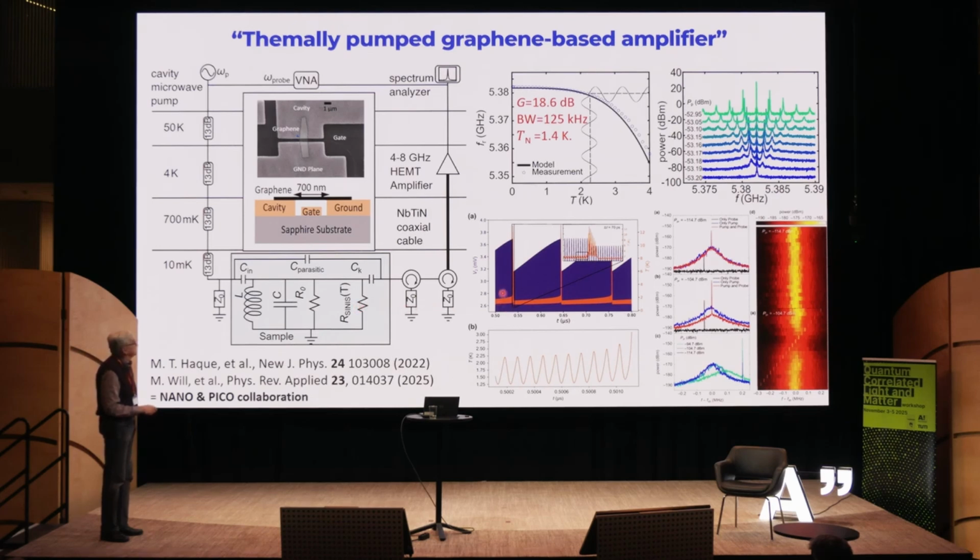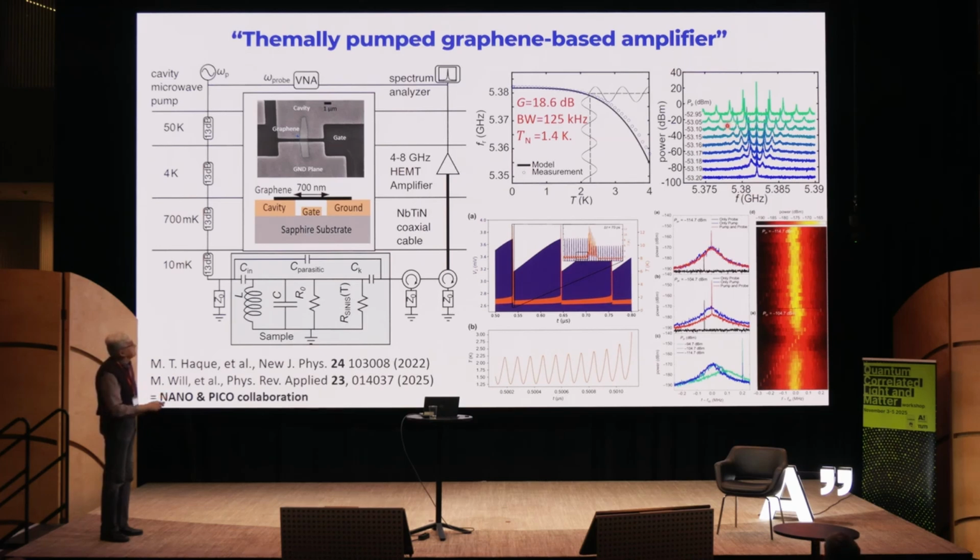And here is the voltage across the device as a function of time. So this is microseconds, so there's very rapid change. So it behaves like having two different regimes, one with high Q and one with low Q. And this comes from a thermal instability. And you can see the emission from the system shown here. The spacing between the different peaks is the thermal oscillation frequency in the system.